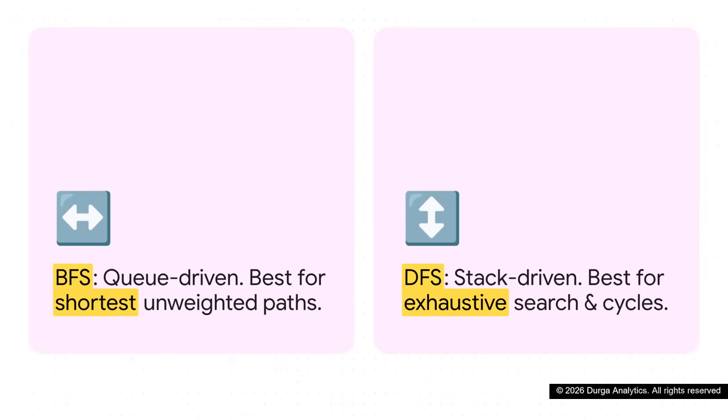You can pair BFS with a queue to cast a wide net, specifically when distance or levels matter, like finding the shortest unweighted path. Conversely, you'll pair DFS with a stack or recursion to plunge deep for exhaustive exploration, existence checks, or cycle detection. It's the exact same core idea, but the underlying data structure you choose, queue versus stack, completely changes the behavior.